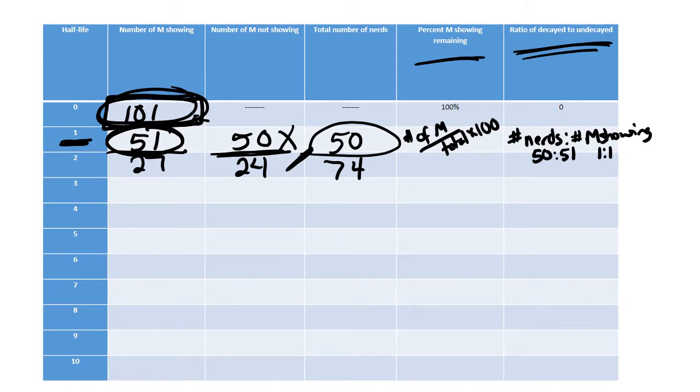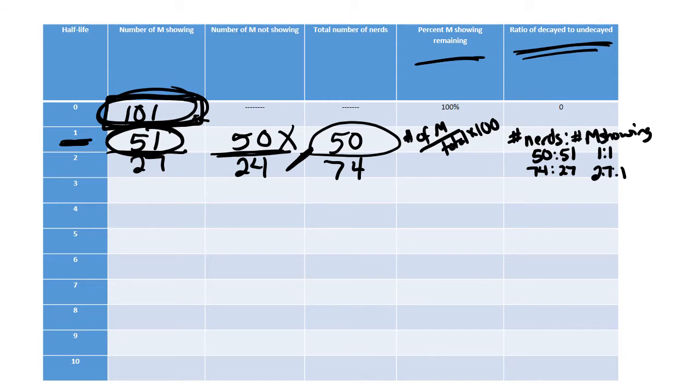The second one is 74 to 27. Let me grab my calculator really quick. 74 divided by 27 is 2.7 to 1. I would estimate that's pretty close to 3 to 1, and that's what we're seeing. It's kind of cool that you can see that number of nerds increasing so much.